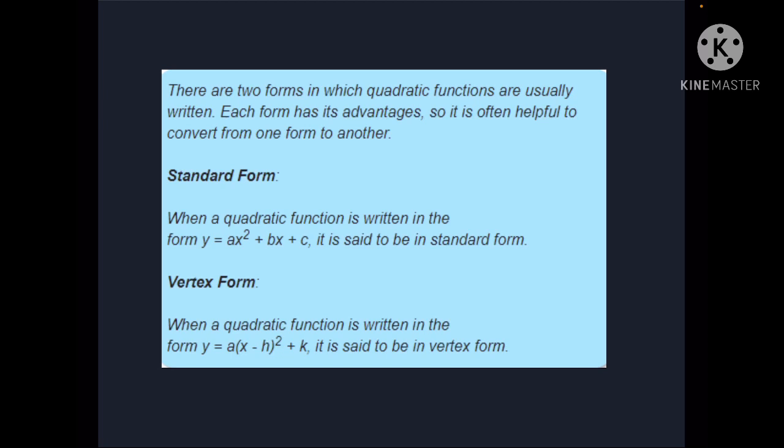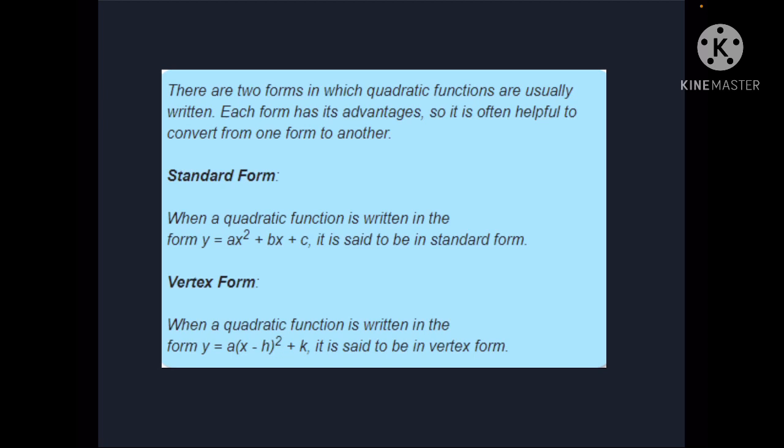This is a quadratic function in the standard form. We also have another type, which is vertex form. Vertex form is when the equation is written in the form y equals a multiplied by x minus h to the power of 2 plus k.